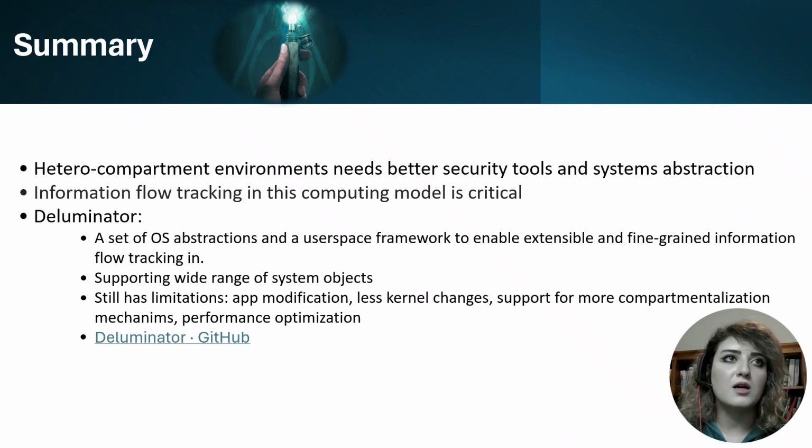That's why we introduced our work on Deluminator, the first system that provides a set of OS abstractions and user space frameworks for information flow tracking in a hetero-compartment environment, between heterogeneous compartments from SGX or TrustZone, process-based compartments, and intra-address space system objects.